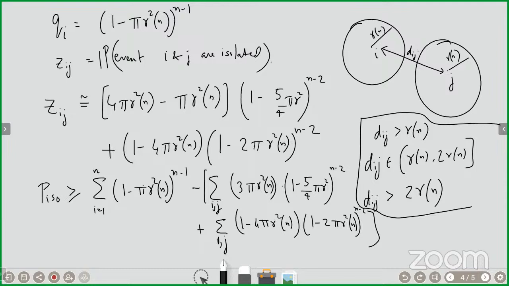What is less than or equal to e to the minus t, really? But it's exponentiated, so e to the minus (n minus 1), (n minus 2) times t. That's what you do. So this is n into n minus 1 into r square n into e to the minus (n minus 2)t. That's what both of them are really looking at. So what should I do?